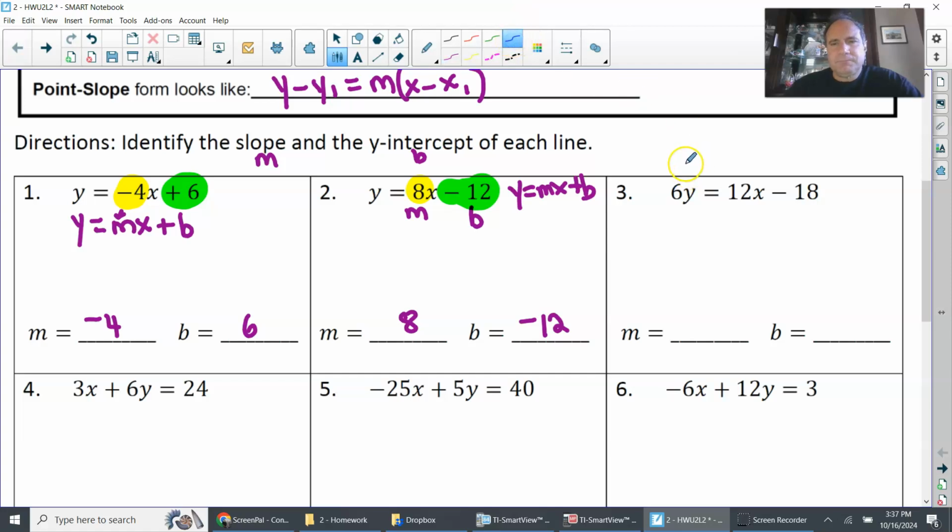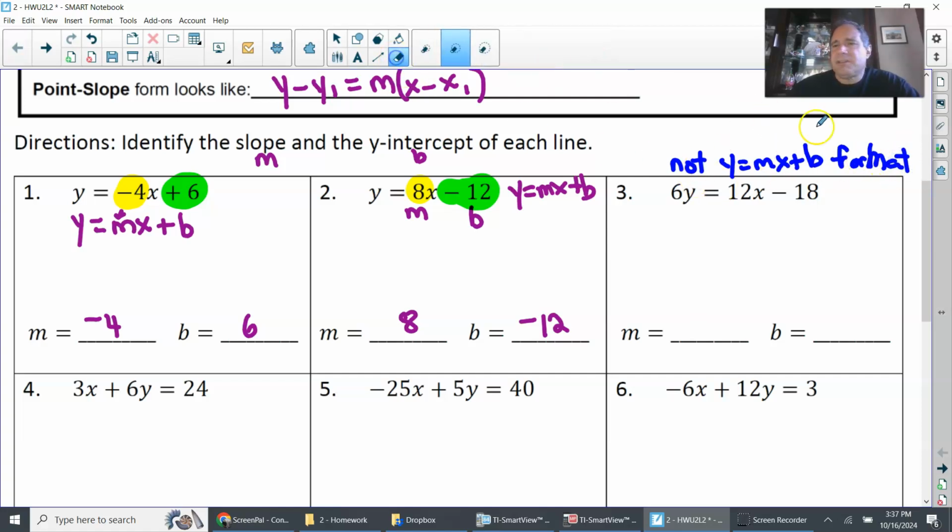So for this one, this is not in y equals mx plus b format. Since it's not in that format, that means you have to solve it for y.